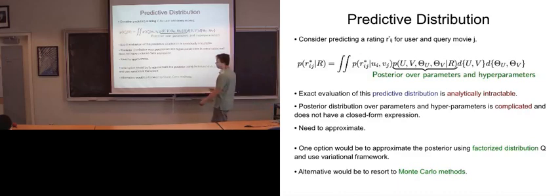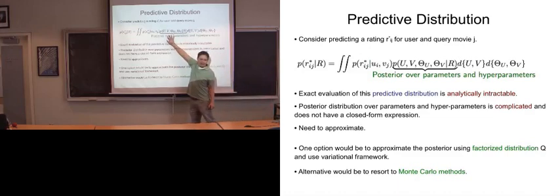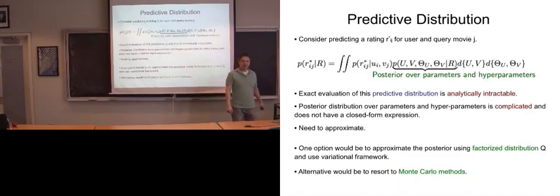An alternative way would be to resort to Markov chain Monte Carlo methods, and that's what we're going to do in this class. At the end of the class, I'm going to show you why we actually care about getting a notion of the posterior distribution. I'll show you that we can actually get pretty good estimates of uncertainties when we're making predictions.